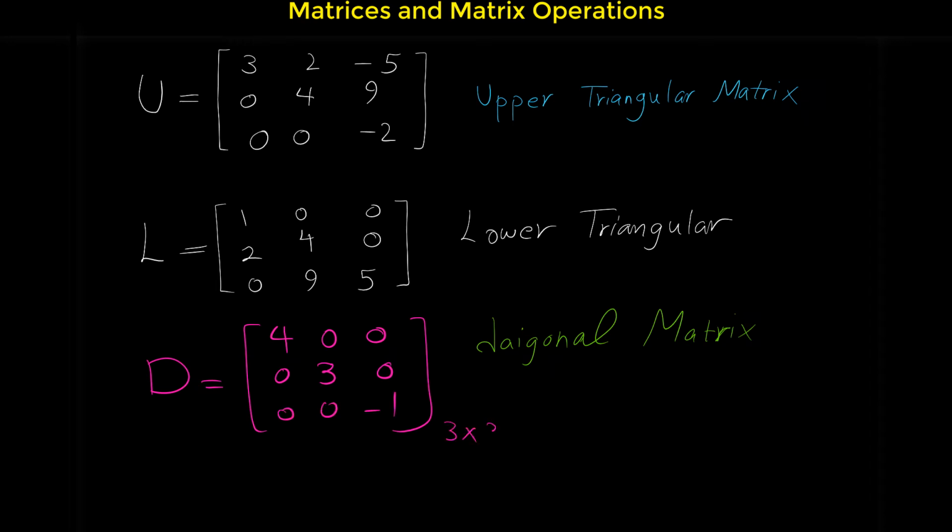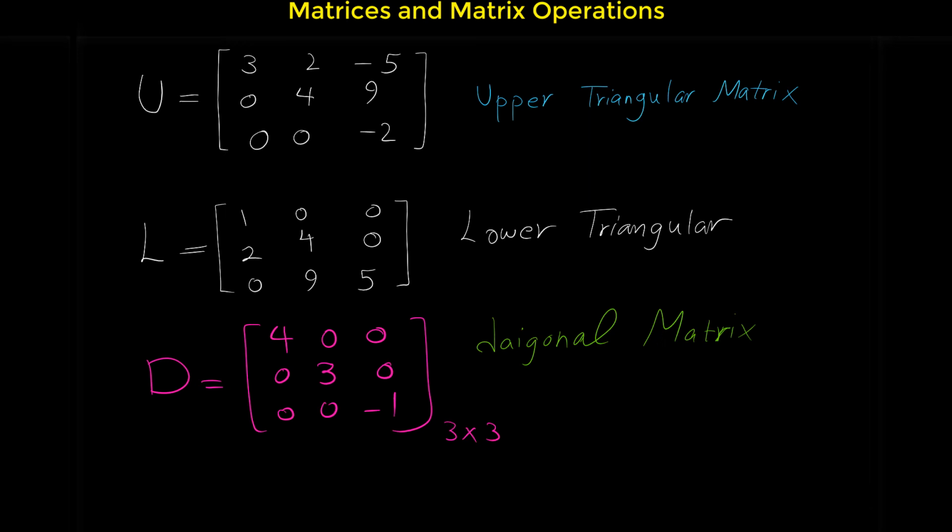This is an example of a 3 by 3 diagonal matrix. In a diagonal matrix, all the elements above the diagonal and below the diagonal are 0. Actually, a diagonal matrix is both lower triangular and upper triangular because the elements below and above the diagonal are 0. So now we are familiar with a square matrix, upper triangular matrix, lower triangular matrix, and diagonal matrix. You have to keep these in your head, because in the future we need these types of matrices.